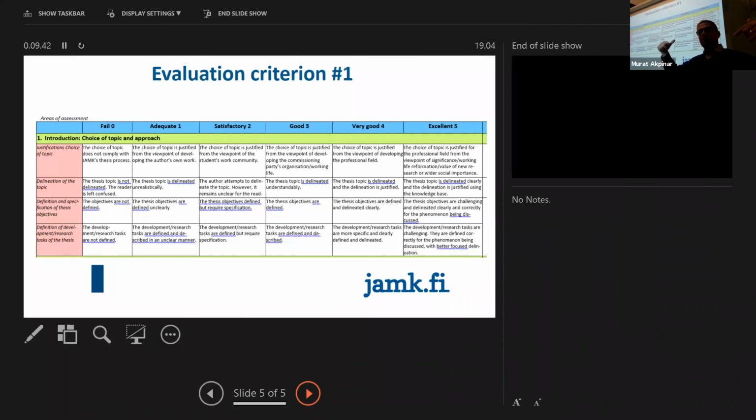So he needs to think from a broader perspective whether this problem can be important for a broader industry or society. Because for the grade of 5, I will read straight: the choice of topic is justified for the professional field from the viewpoint of significance, working life reformation, value of new research, or wider social importance.